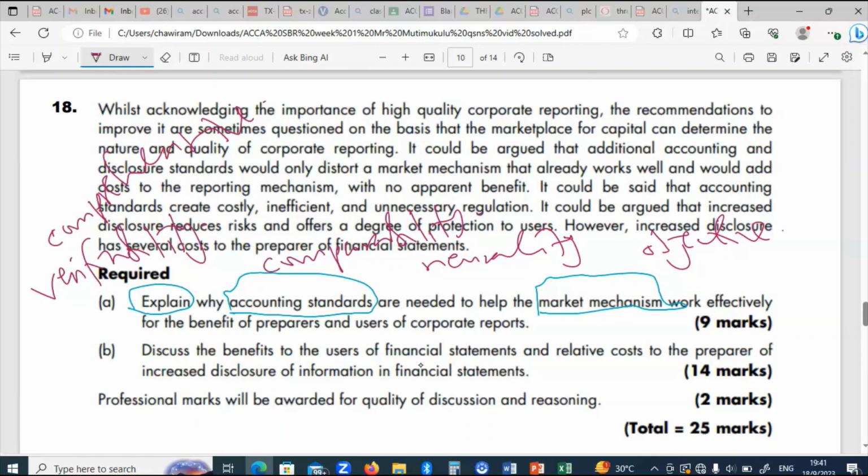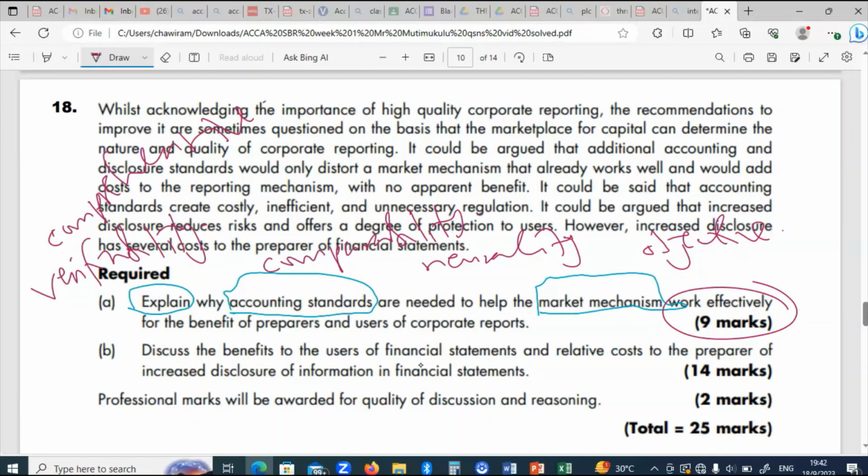Now, you can see that these 9 marks can be raised if you know your principles, your theory. Okay, the theory, and most of these aspects are found in the conceptual framework, and the theory around that area. Then part B was saying discuss the benefits to the users of financial statements and relative costs.